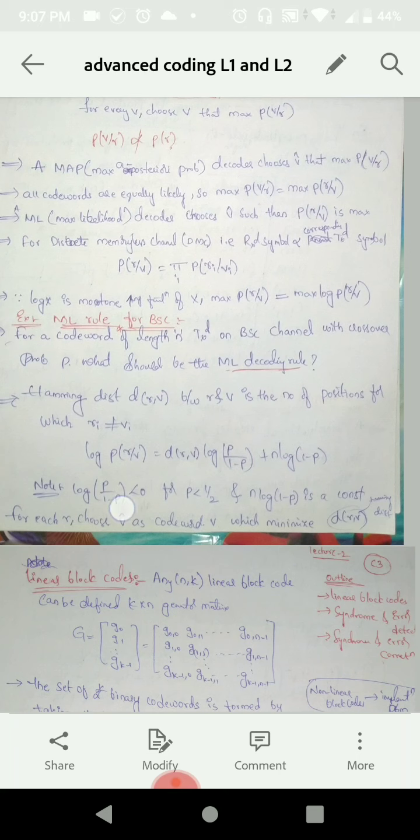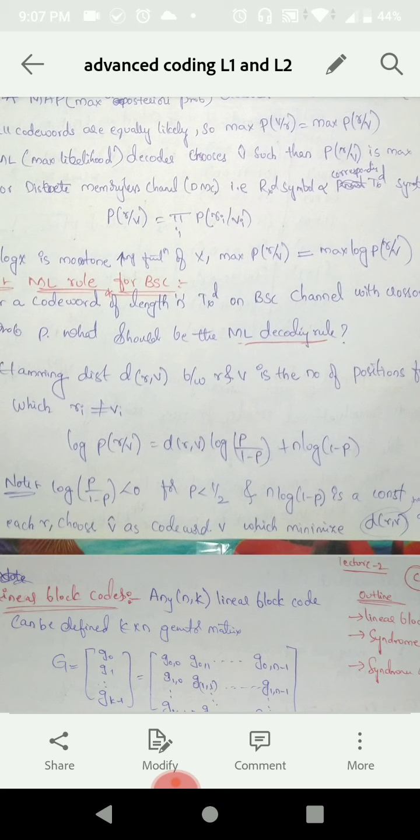So maximizing the log of p of R given V is nothing but, we have a formula: Hamming distance into log of p divided by 1 minus p, plus n into log of 1 minus p. Generally we can derive something like Hamming distance into the wrong probability, minus Hamming distance into 1 minus wrong probability, plus n into log of 1 minus p.